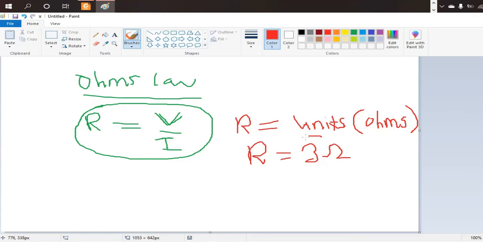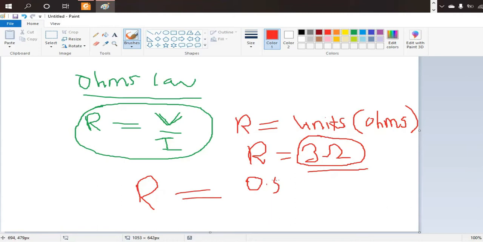So we can read it as 3 ohms. You can have maybe also something like 0.5 ohms. So make sure we take note of the units of the resistance, which is just the R there.